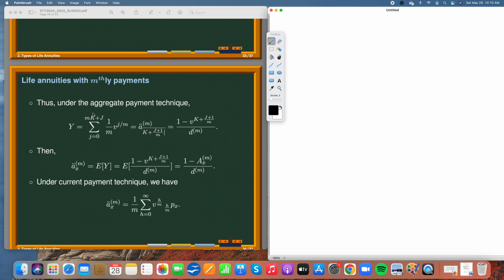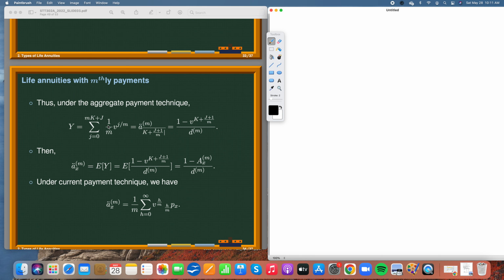Since there are K complete years and there are m payments every year, there will be a total of mK payments during the complete years, and during the fraction of the year there would be J plus 1 payments. Remember that this starts at 0.